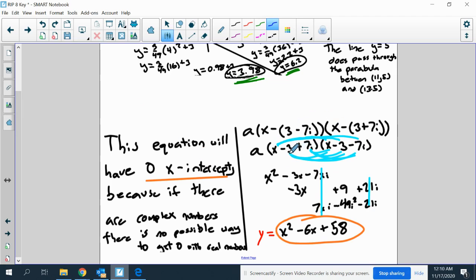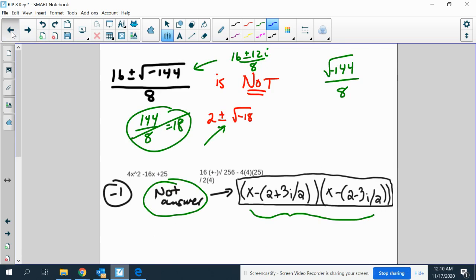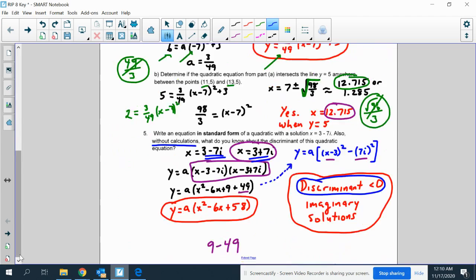Also, notice this person did all of the distributing, so that's something that you can take note of. So we have to be aware of what the question is actually asking for. So if it's asking for how do you know, or what do you know about the discriminant, you have to say why you know it.